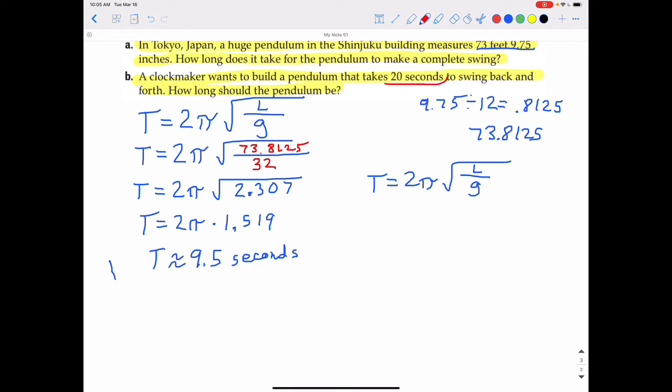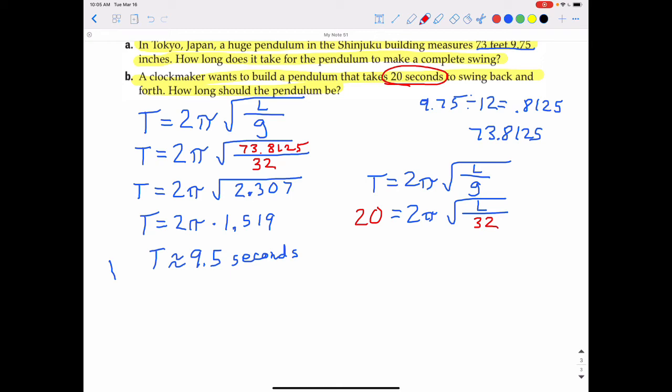It tells us he's trying to build a pendulum that takes 20 seconds to swing back and forth. So this time we'll replace the T with 20, and that's going to equal 2 pi times the square root of L over, and remember G was 32 feet per second squared, so that would put 32 in for the G. And now we're solving for L.